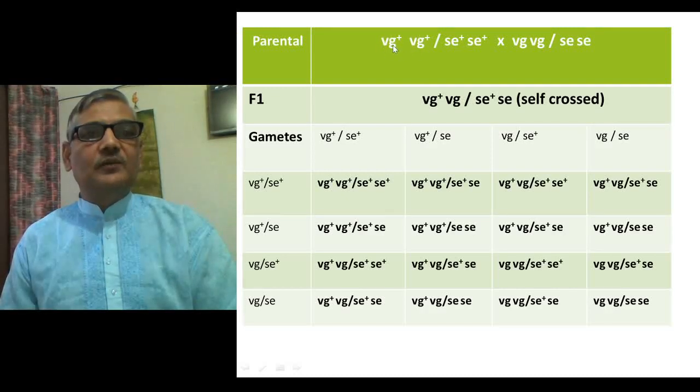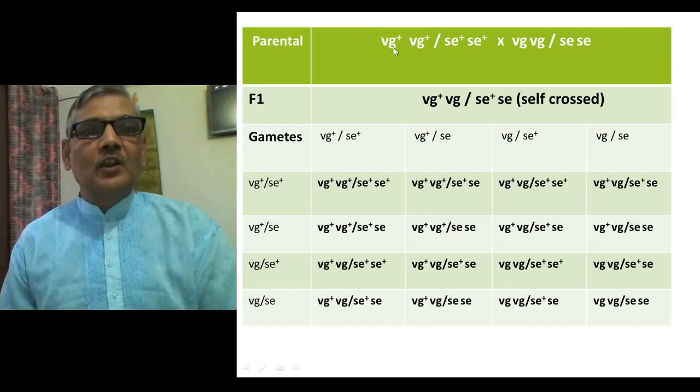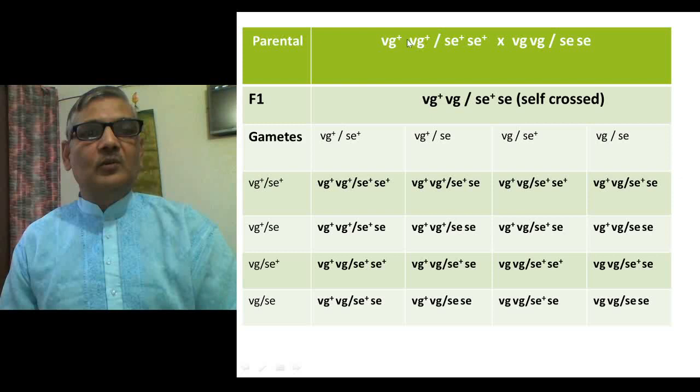Vg stands for vestigial wing, and if the plus symbol is there, it is for normal wing shape. Then Sc+ is the red eye color, but sc will indicate sepia color. So Vg+ means on both homologous chromosomes, normal alleles are situated. And on a different chromosome, Sc+ alleles are there.